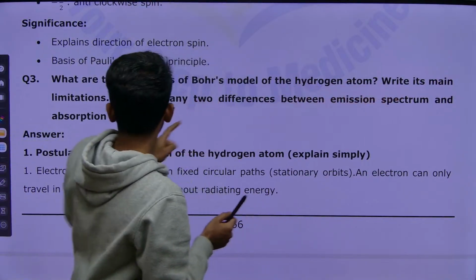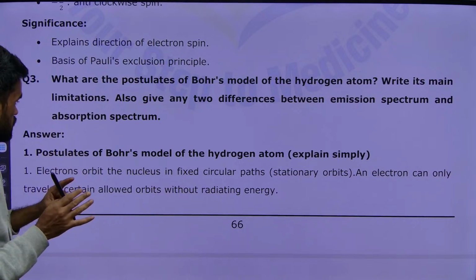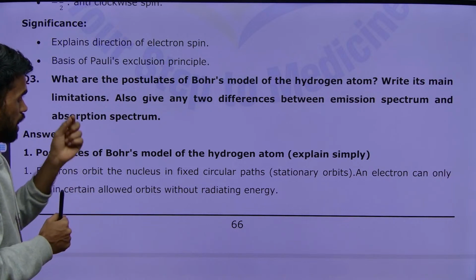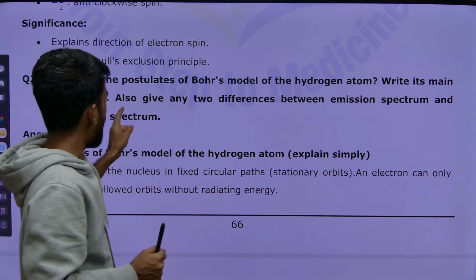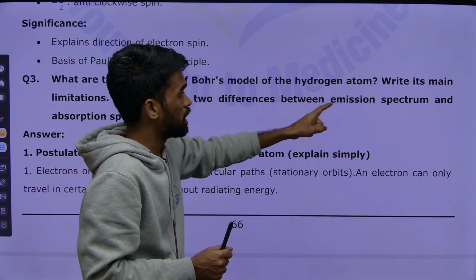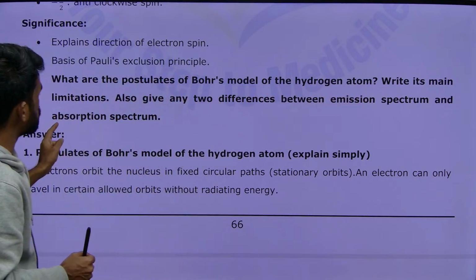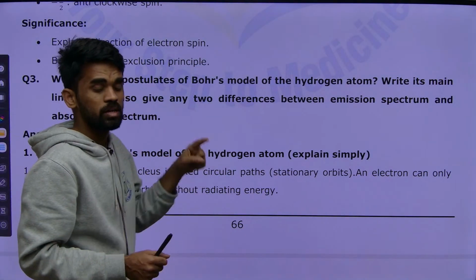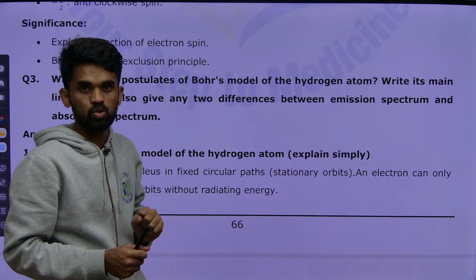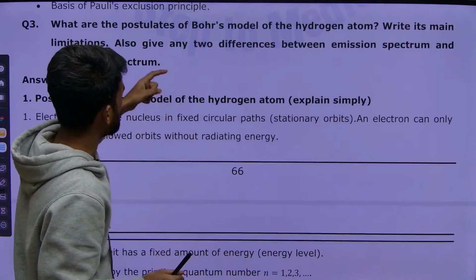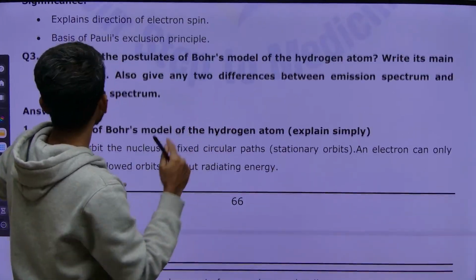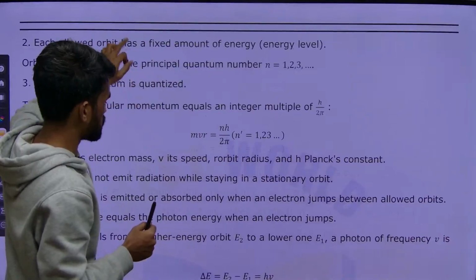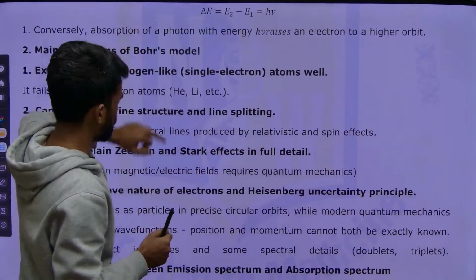Write its main limitations, limitations also discussed. And now they are adding a little more here: also give any two differences between emission spectrum and absorption spectrum. This is the extra line they have added in this question compared to the previous question. In the last class I explained its postulates, and its main limitations we also discussed. Now you can take the same information here.